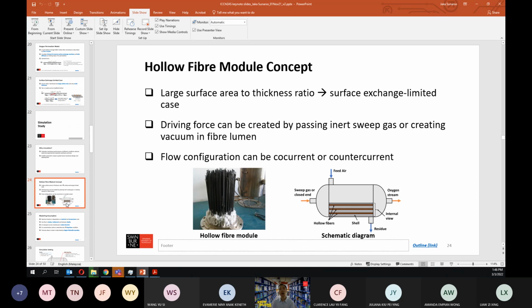So this is how you operate the hollow fiber membrane in real situations. You have about 900 plus hollow fiber membranes in the module, which you pressurize such that only high purity oxygen comes out on the other side. So if you look at the membrane module, you will have something like this.